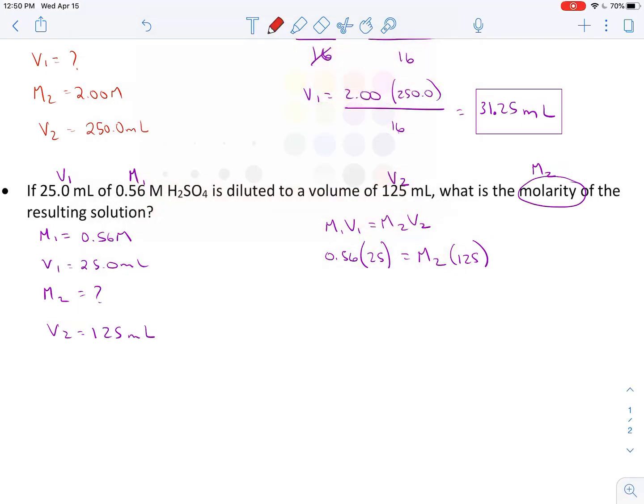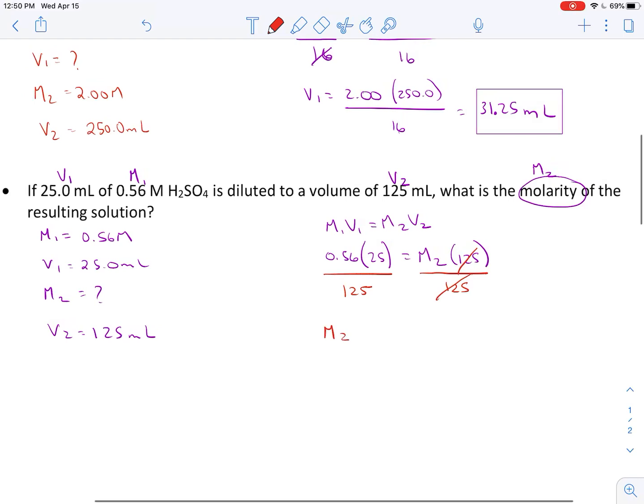So our goal is to get the M2 by itself, so we divide each side by 125. The 125s cancel. So when we write this out, M2 is equal to 0.56 times 25 divided by 125.